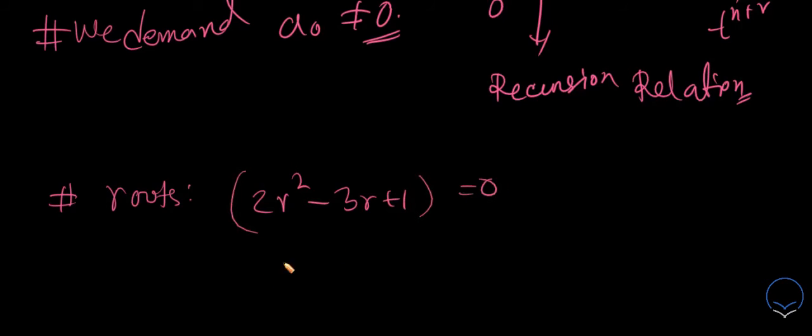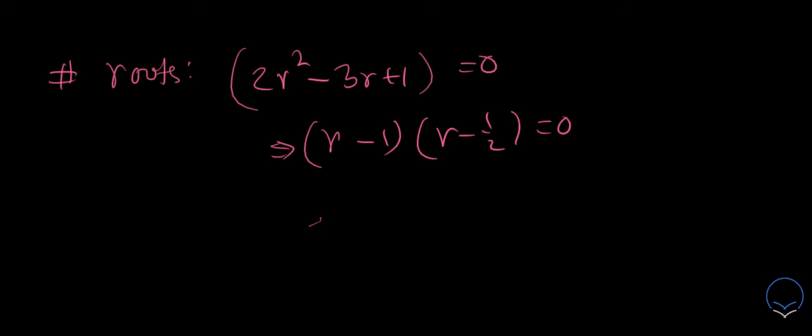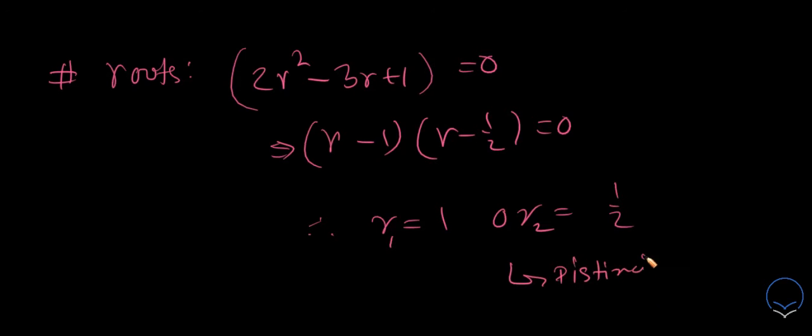If you solve it, this is just r minus 1, r minus 1 half equals 0. Obviously you can do the algebra or use the quadratic solution. So r is equal to either 1 or 1 half. Let's call this r2 and this r1, and you can see these are distinct and they don't differ by an integer.